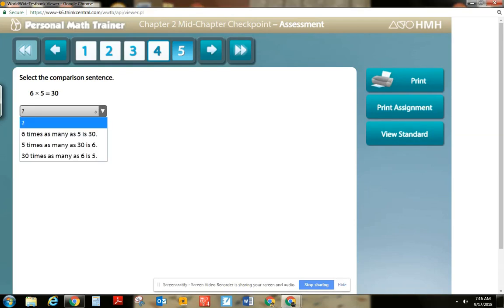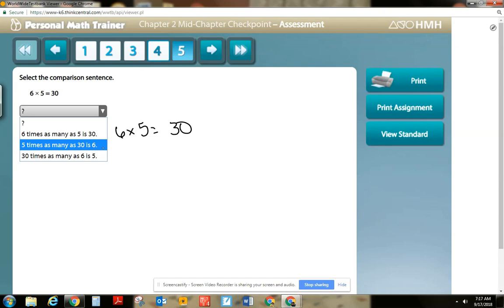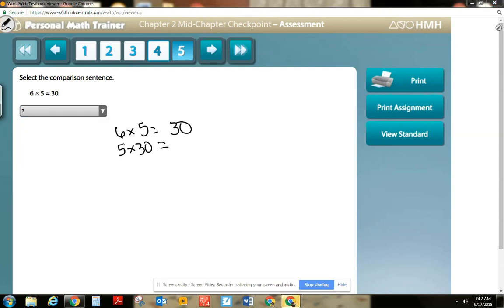6 times 5 equals 30. 6 times as many as 5 is 30. 5 times as many as 30 is 6. 30 times as many as 6 is 5. You notice that all of our numbers stay the same, which is good to recognize. But which one of these makes the most sense? 6 times 5 is 30. 5 times as many as 30 is 6.